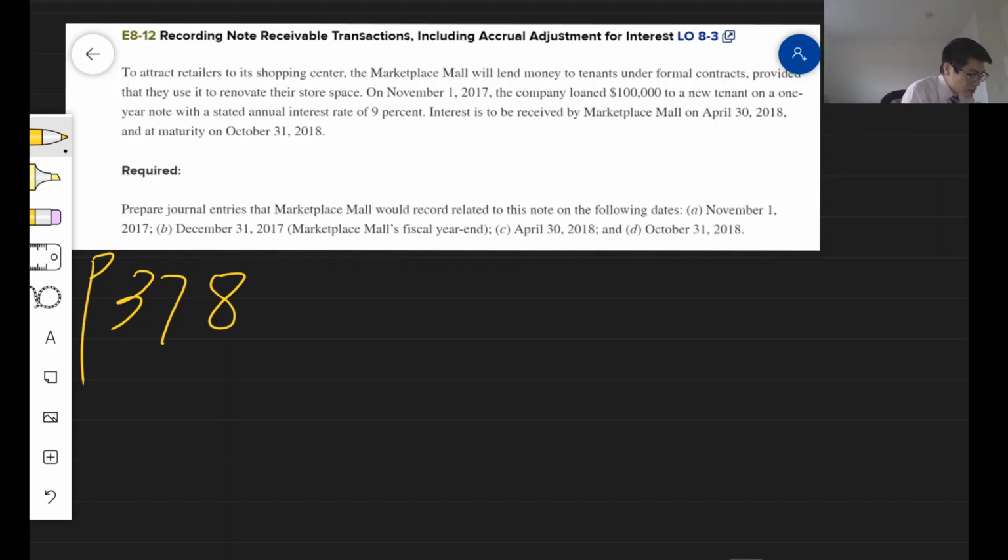Again, if you cannot see this very easily, you can open your book to that page, and it's exercise 8-12, recording note receivable transactions, including accrual adjustments for interest.